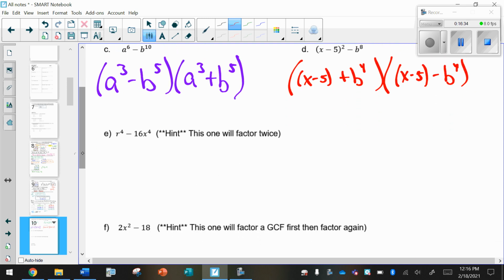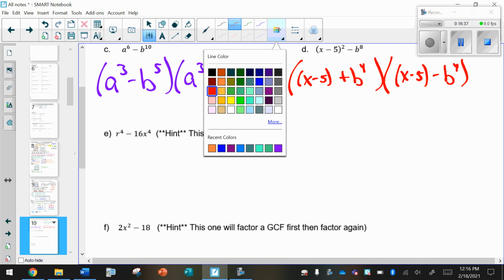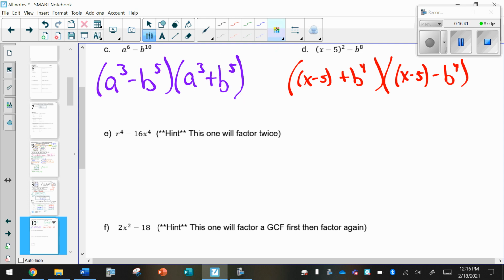Now sometimes after we factor this the first time, it can be done even more. So r squared plus 4x squared, and then r squared minus 4x squared. Notice in the second parentheses, it's the difference of two perfect squares again.